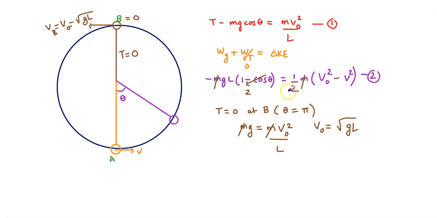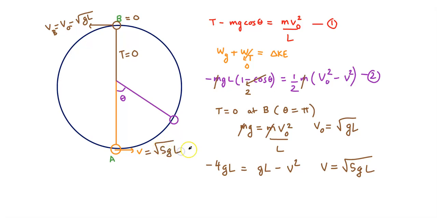And yeah, bringing the 2 over to the other side, we get minus 4GL equals V naught squared, which is GL, minus V squared. So V is actually the square root of 5GL, right? So this is interesting, right? So for a speed of square root of 5GL, we have found that the bob will reach the top.